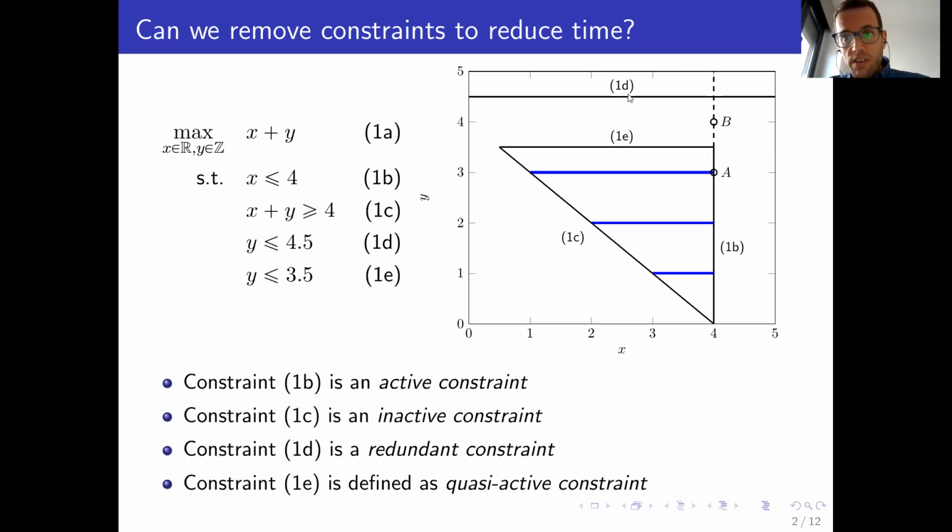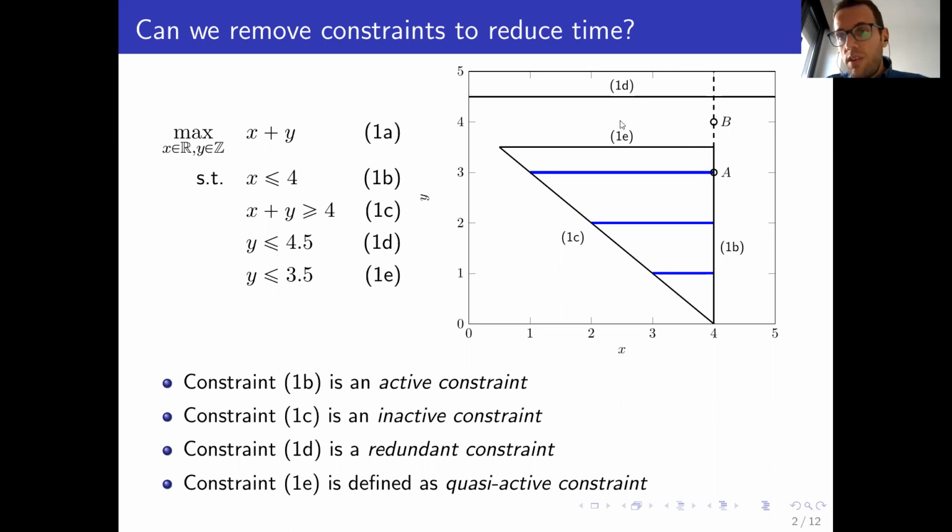1d is a redundant constraint because it's not binding, and we can safely remove this constraint without changing the feasible region. And then this very particular constraint 1e, that we call a quasi-active constraint, because it's not binding at the optimum.